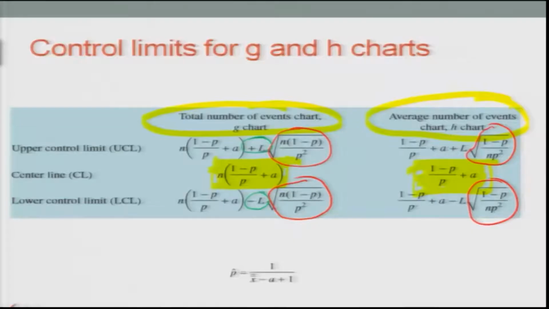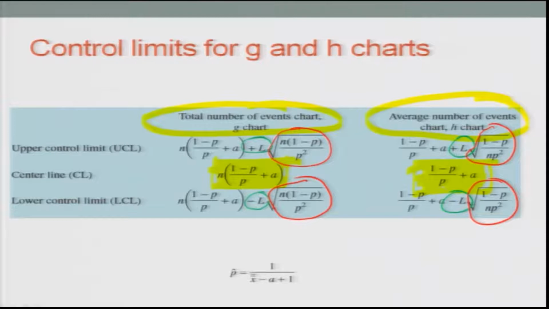And continuing our discussion, the plus value and the minus value are exactly as mentioned. So, they are plus L minus L, again it will depend on the level of confidence. So, this p hat would basically be given by the ratio of 1 by x double bar. X double bar is the actual average, the average of the average, minus a value.